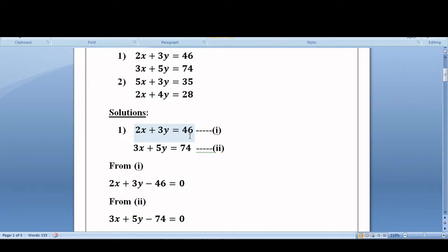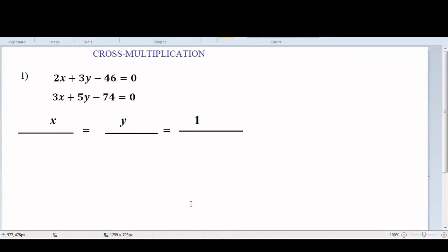After establishing this form, we can solve by using the cross multiplication method. Now let's see how to solve it. You can see over here I have done this type of formation: x by something equals y by something equals 1 by something.